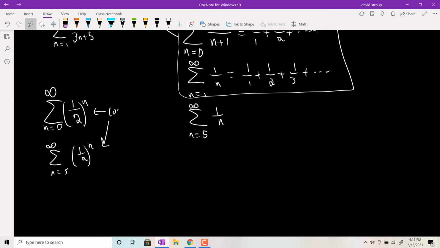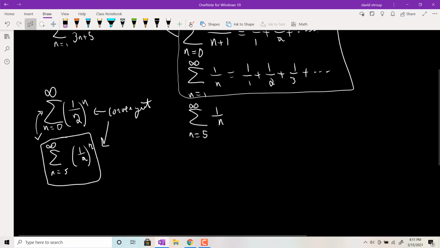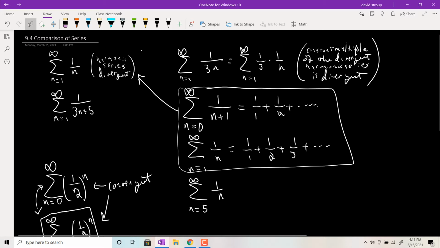Okay, so these are both convergent. It might affect what it converges to, right? Because this guy is going to be less than this other guy. This definitely is less than this sum up here. Okay, so it affects the actual value of the sum if it's convergent. If it's divergent, it's still going to be divergent.